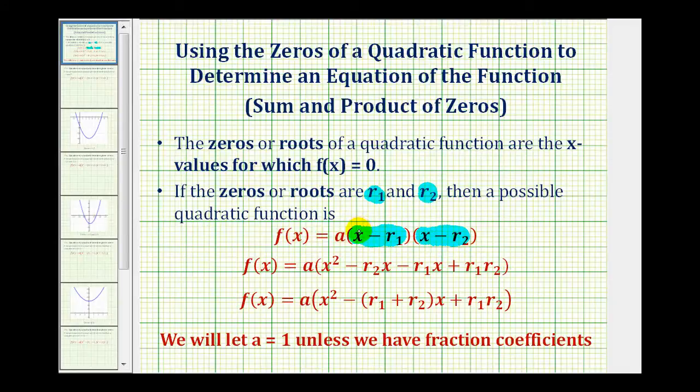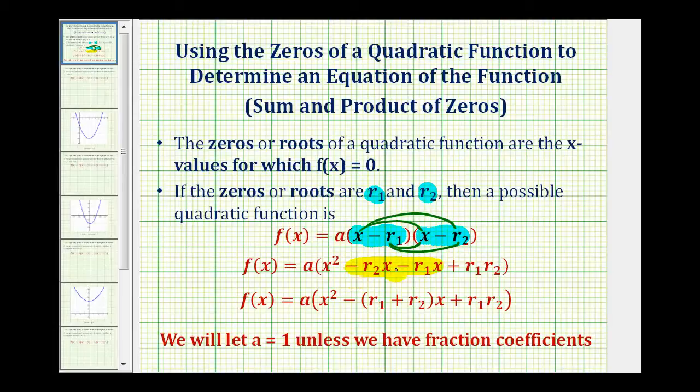If we multiply, we'll have x squared minus r sub 2 x minus r sub 1 x plus r sub 1 times r sub 2. Now let's focus on these two middle terms. Notice how they have a common factor of x and they're both minus.